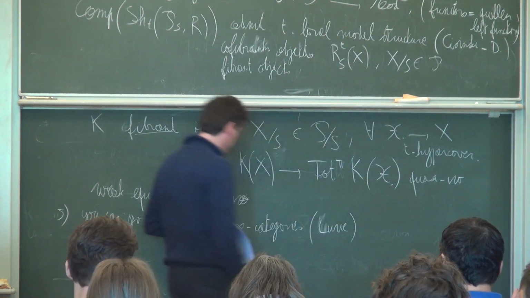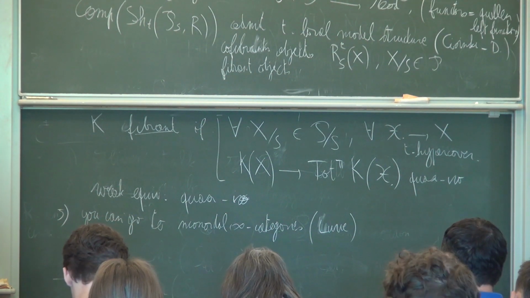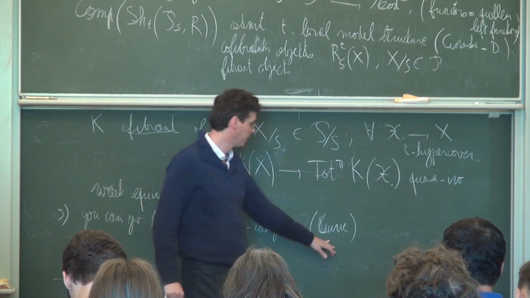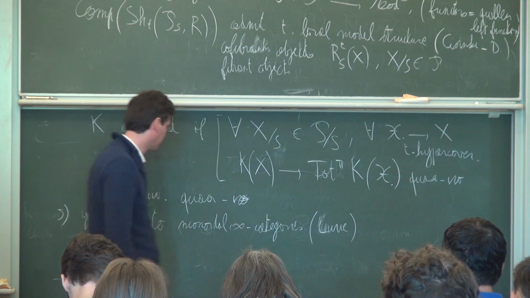So all the language to be able to formulate the axioms that I've written here is defined in Lurie's books. You also need to look at the book on monoidal categories.